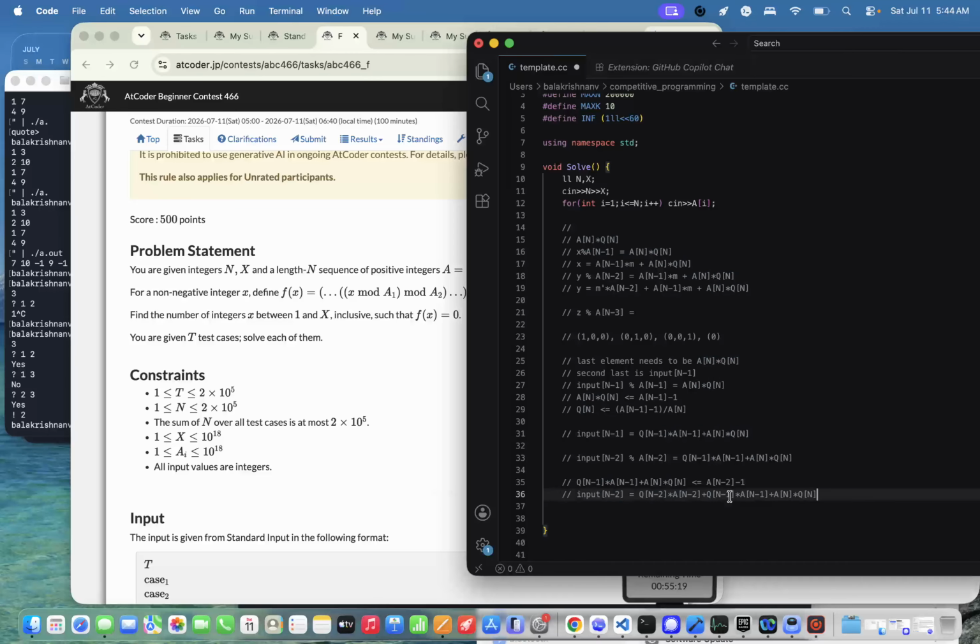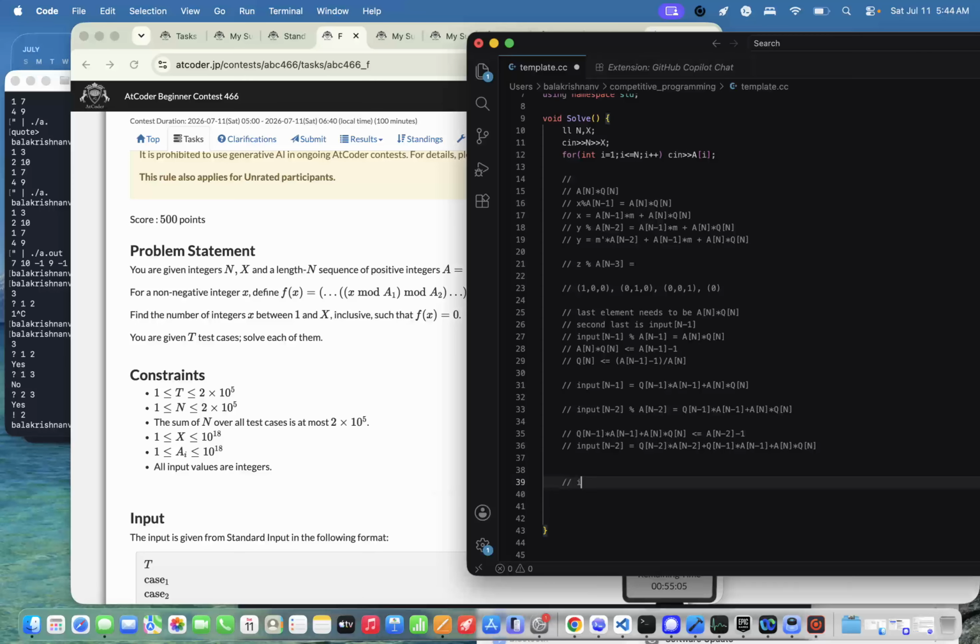Okay, so generally put, we always need input of I to be less than or equal to a of I minus 1, because that is actually coming out of the previous one, right?